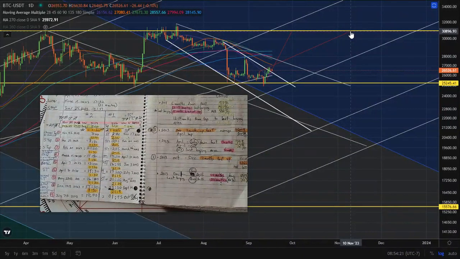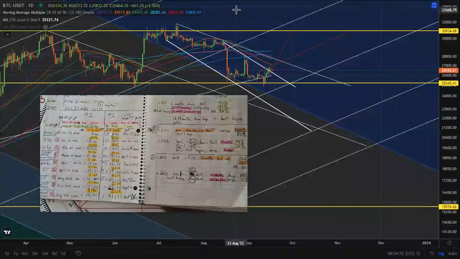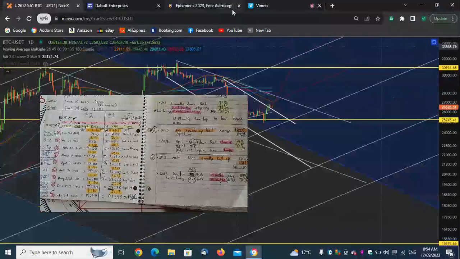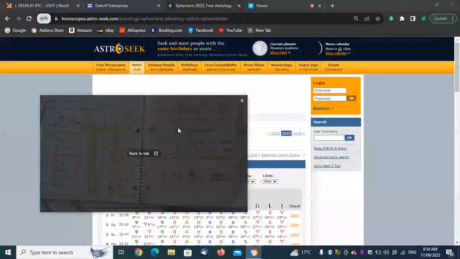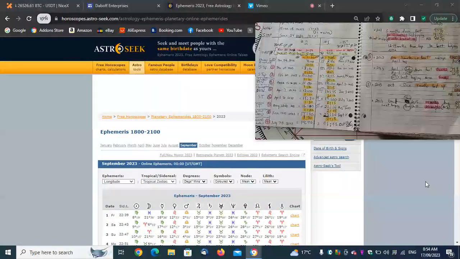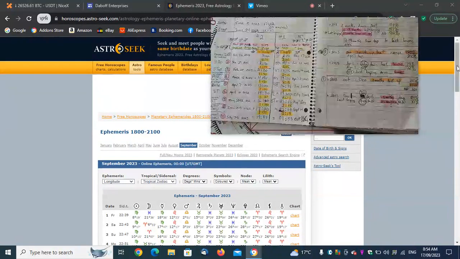Okay, next we're going to go to how to use your ephemeris and set up your Square of 9 and place your planetary pieces. Let's just quickly go take a look at a couple of things that I'm talking about. So when you go over to your trusty ephemeris here, this ephemeris will show you how to place your planets correctly on your Square of 9.